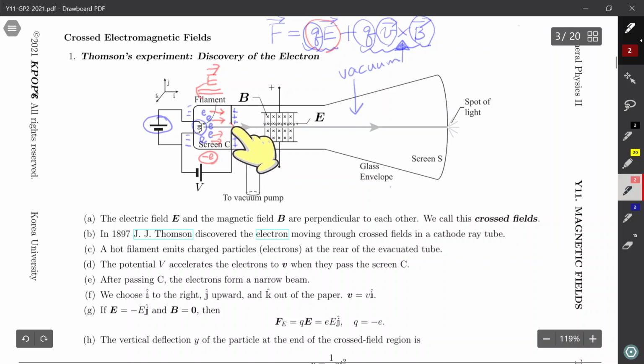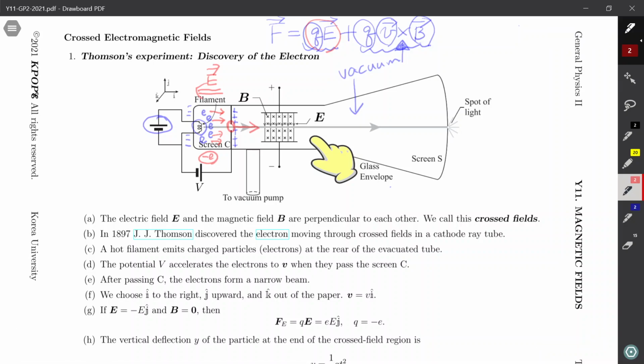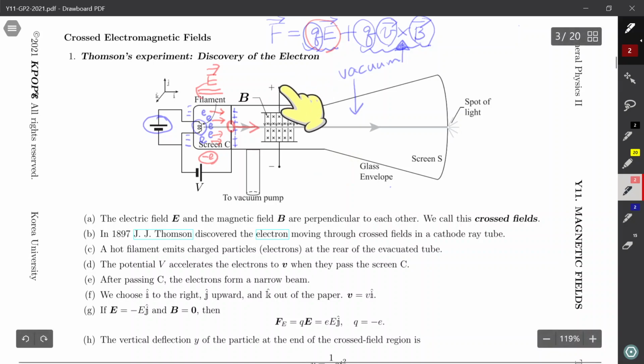There's a small hole so that the accelerated electron goes straight into this space. In this space, there's a potential difference between here, this is positive and negative. Therefore, in the vertical direction, the electron feels the electric force, QE again.